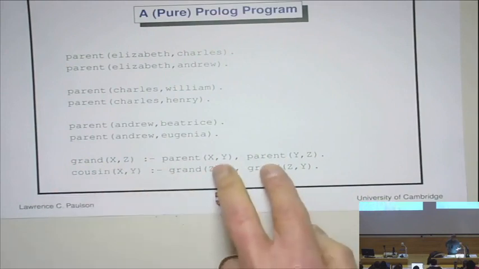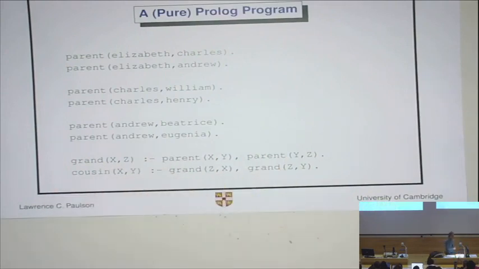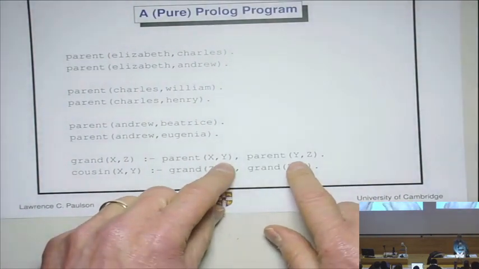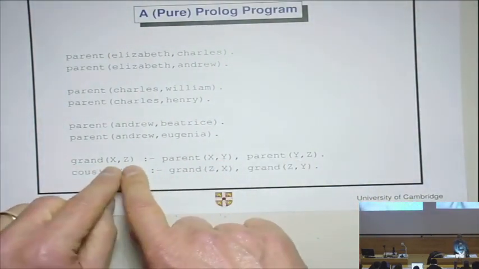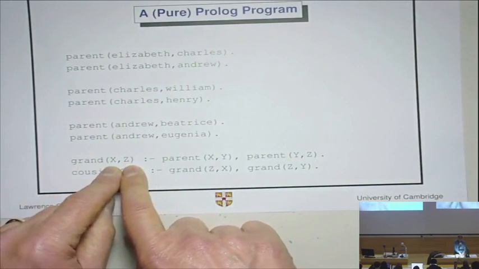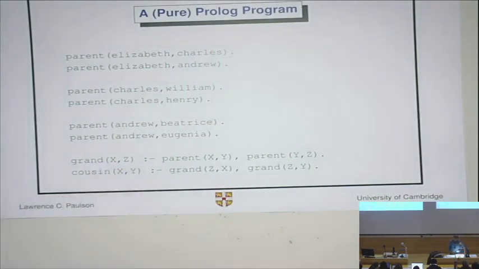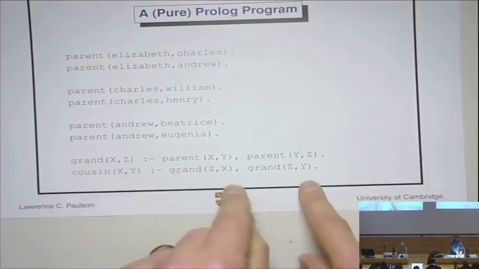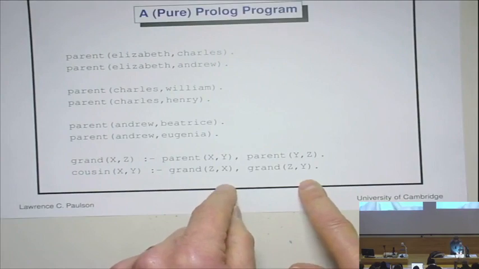So Y is simply being thrown in as a thing that you now have to deal with. And so we have this ability to call up the existence of things that you hadn't imagined when you asked this grandparent relation in the first place, and yet it will be dealt with very nicely. Cousin is similar, so you see X and Y are cousins if they have a common grandparent, Z.